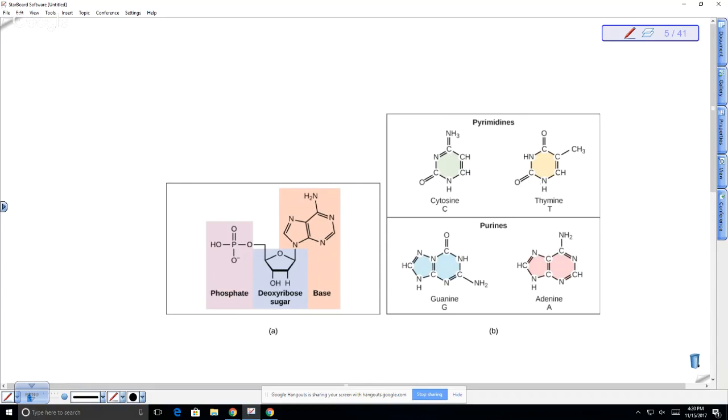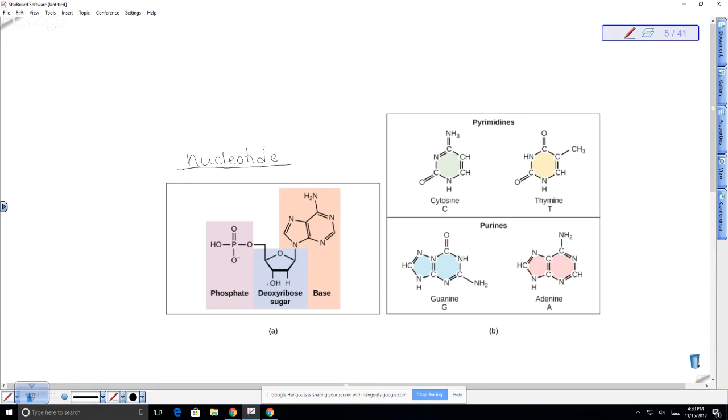This is the nucleotide. You should be able to identify the components of the nucleotide. This is my nitrogenous base. I know that because it's got that N in there. This is my sugar. It's a 5-carbon ring sugar, ribose, or deoxyribose, actually. And this is my phosphate group.